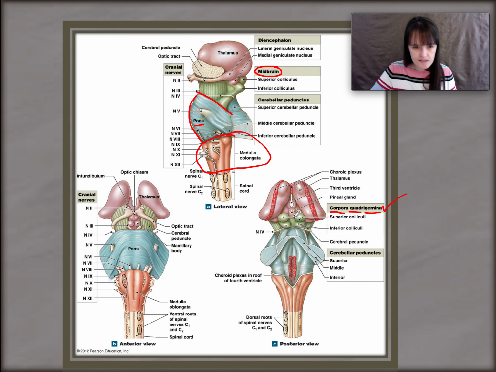Cerebral peduncles are these things. Let's see, are they labeled? Here's one of the cerebral peduncles. Here are the cerebral peduncles. They're these bits that look like tree trunk. Cerebral peduncles. Those are cerebellar peduncles. Cerebral peduncles are these kind of tree trunk lines under cranial nerve 4.